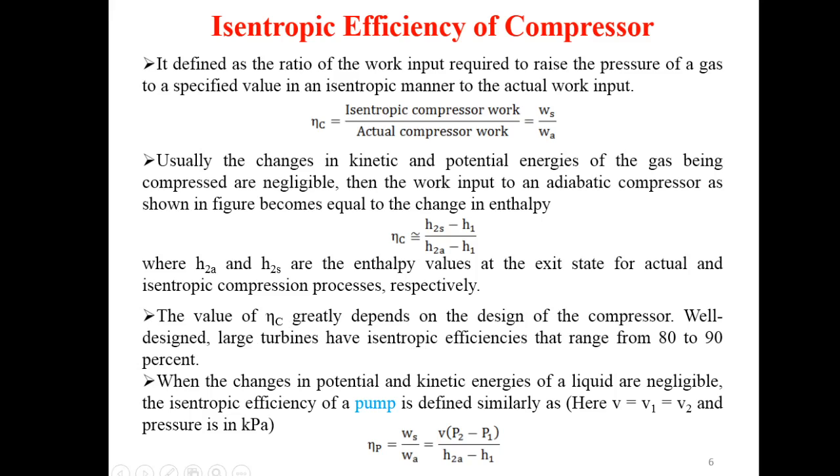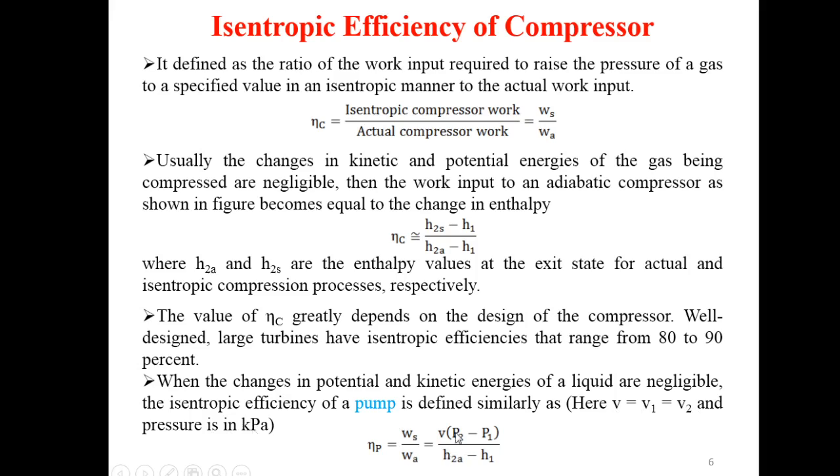When the changes in potential and kinetic energies of a fluid are negligible, the isentropic efficiency of a pump is defined similarly. Here we are assuming negligible change in volume, so specific volume v equals v1 equals v2, and pressure is in kilopascal.